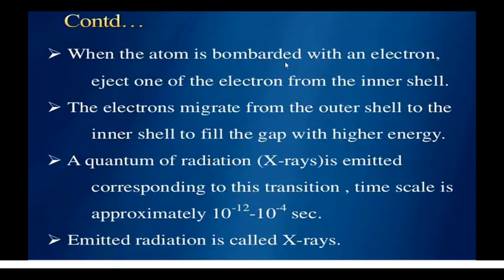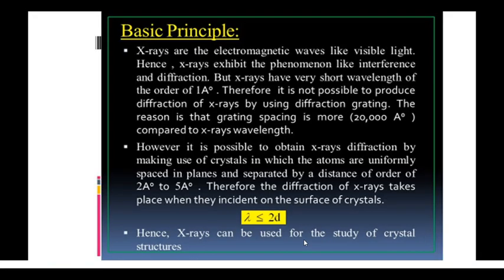So let's read the slide. When the atom is bombarded with an electron, it ejects one of the electrons from the inner shell. The electrons migrate from the outer shell to the inner shell to fill the gap with the higher energy. A quantum of radiation is emitted corresponding to this transition, and this emitted radiation is called X-rays.